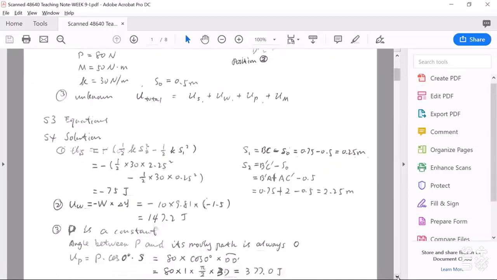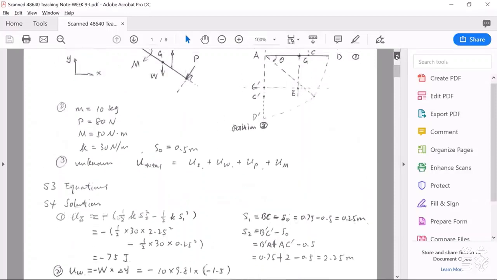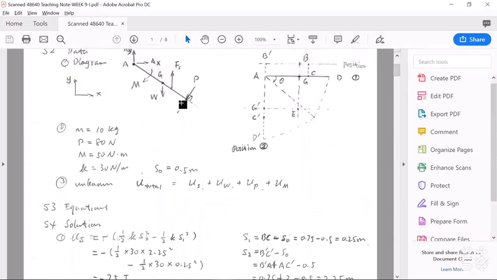For P, external force. In this diagram, you can see, because this P is always perpendicular to this bar, this means if we look at the moving path of this end point D, this moving path should be a part of a circle, and this P, its direction, is always tangent to its moving path.